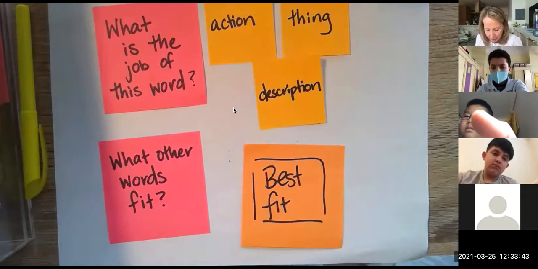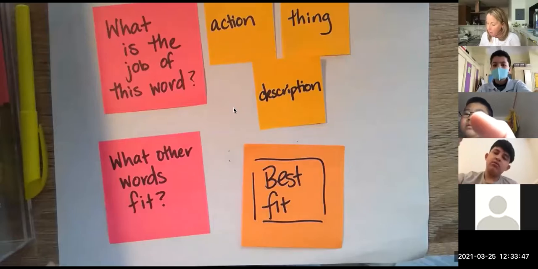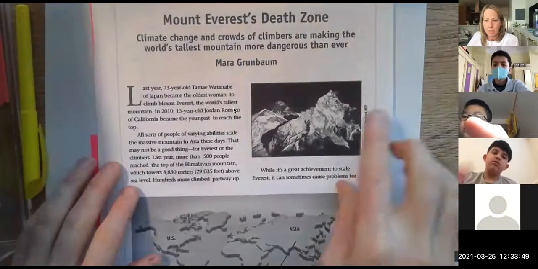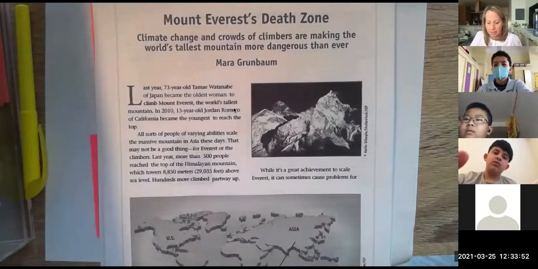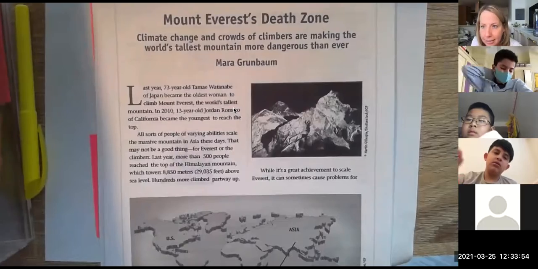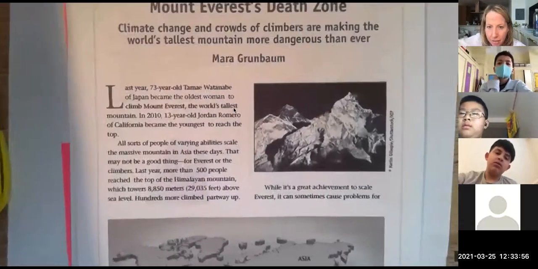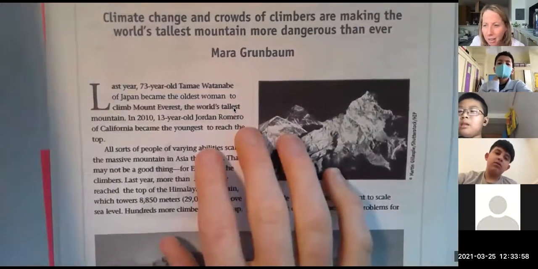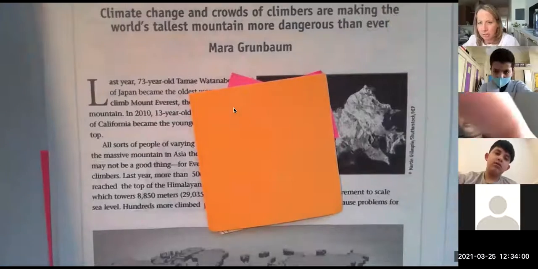Let me give you guys an example. So if I look, let's go back here. Can we go back to this article? It's just a printed copy. It's the same one. And I didn't stop at this word, but I was a little bit confused because I thought the word, you guys ever seen this word before?